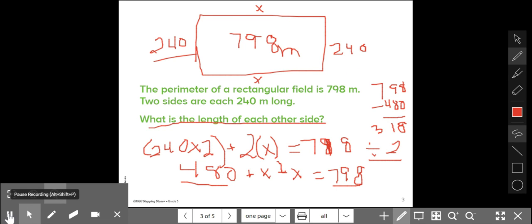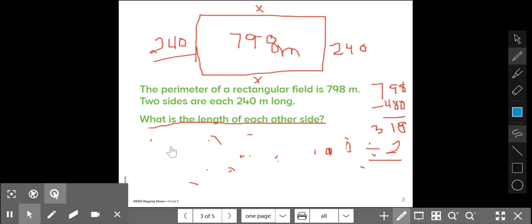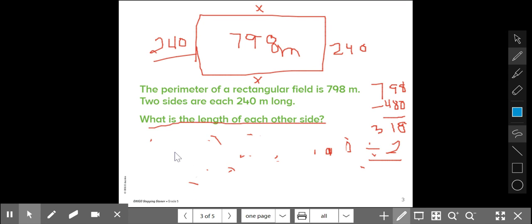Let me push pause. I'm going to erase some things. I didn't completely erase everything, but I'm going to use the standard algorithm for my division. 318 divided by 2. We'll put it in the parking garage there. 2 goes into 3 one time. I'm left with 1 leftover. I bring down the 1, so I take 2 into 11. That goes in 5 times. 5 times 2 is 10.